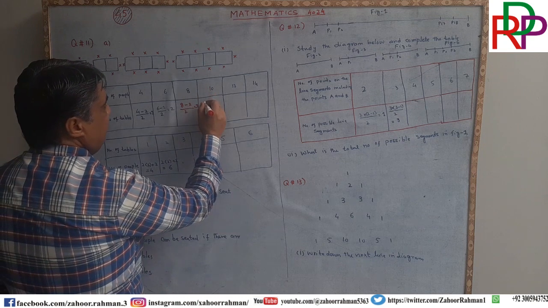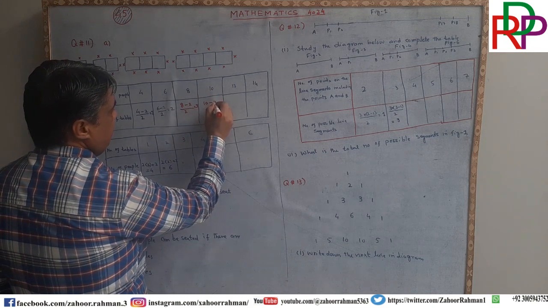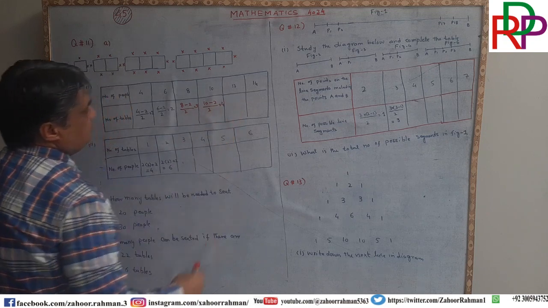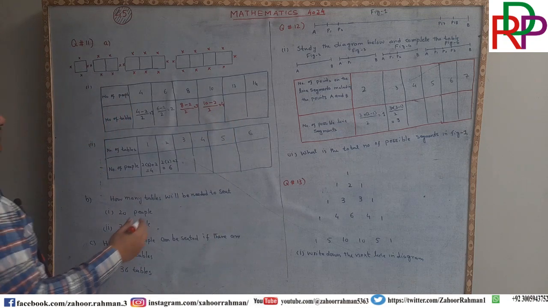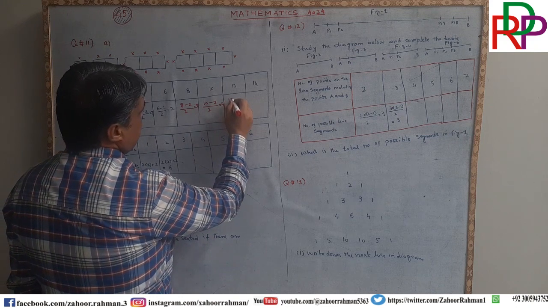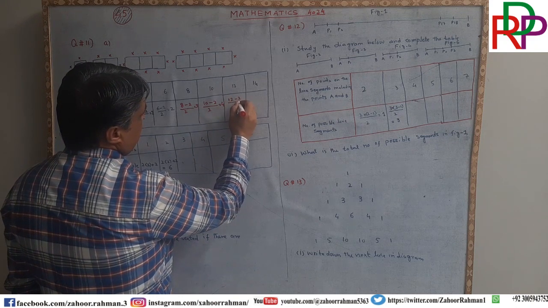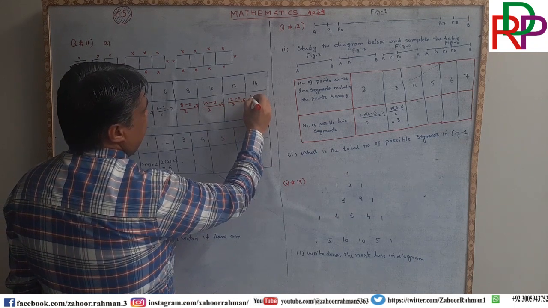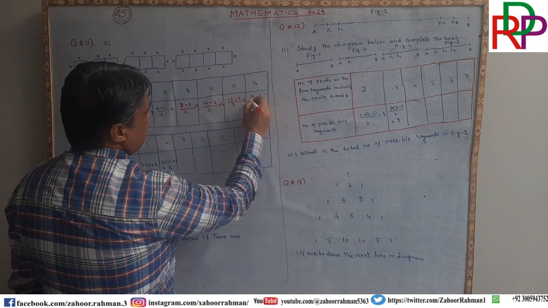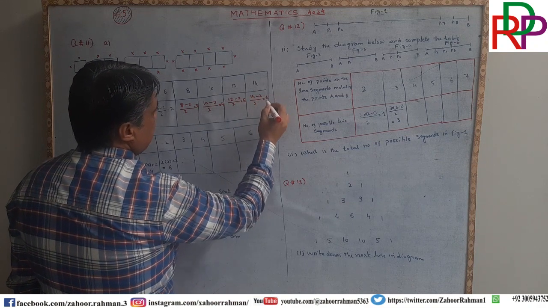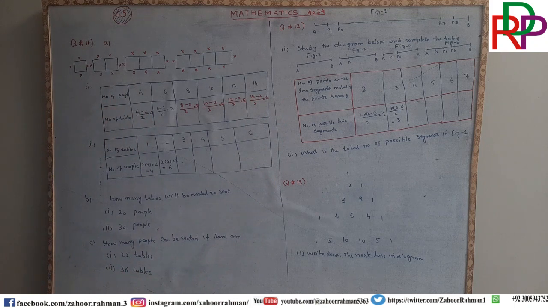If there are 10 people, 10 minus 2 divided by 2, 4 tables will be required. Similarly, if there are 12 people, 12 minus 2 divided by 2, 5 tables will be needed, and 14 minus 2 divided by 2 is equal to 6 tables.